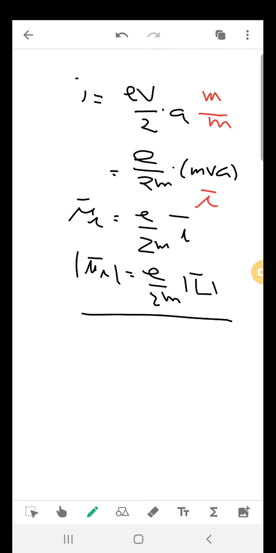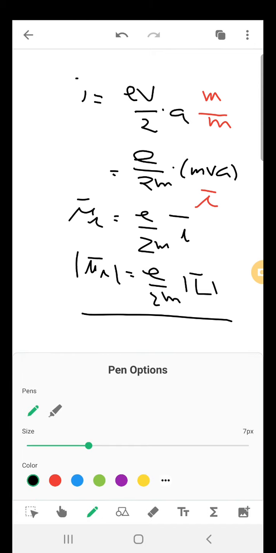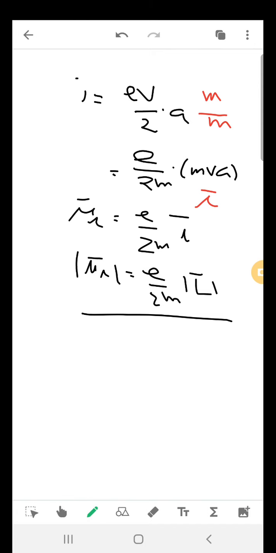So this is a relationship between the magnetic moment and the orbital angular momentum for the case of an orbital motion. For the case of a spin motion, if we take mu s by s, it becomes actually twice of this value, mu L by L, because of the two different types of spins involved.